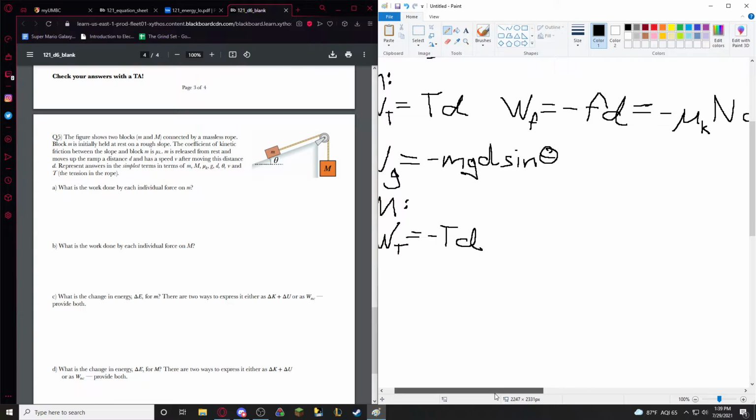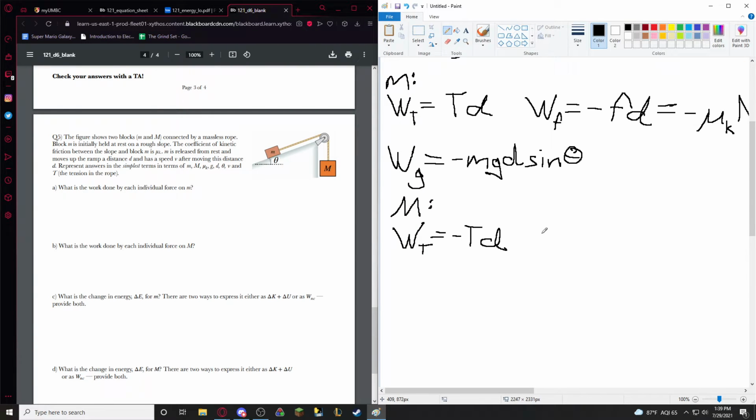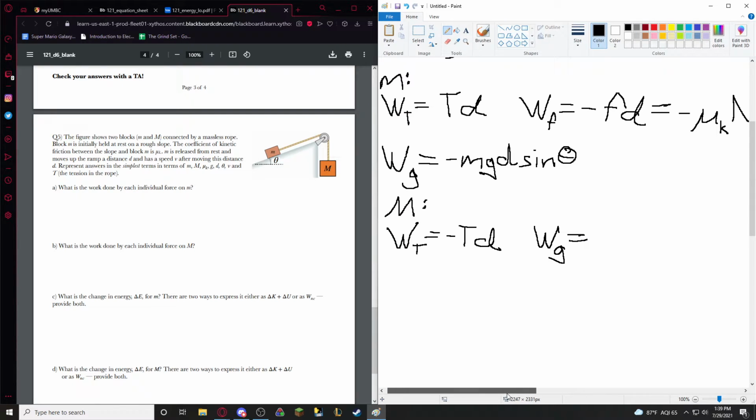And then for the gravitational work, how much work is being done by gravity? It would typically be mgh, but in this case we don't know how far down the block goes, so we would have to replace h.